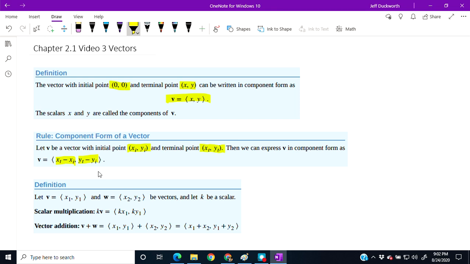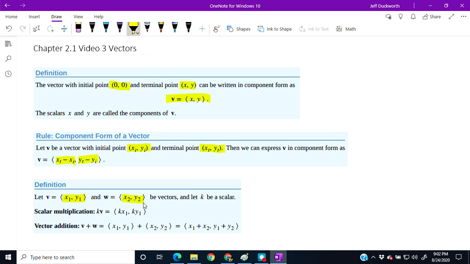The final definition that I'm going to show you on this video deals with what we can do with component form when we're doing the scalar multiplication. So we've got this vector v, which is some x1, y1, and another vector w, which is a different, well, potentially a different x, but x2, y2.